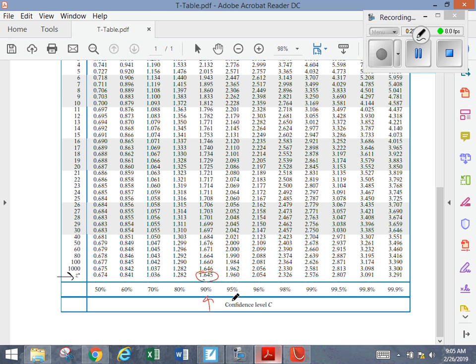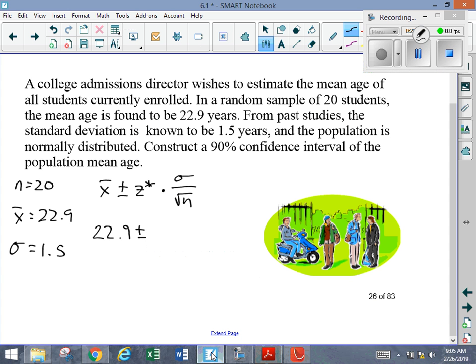So 1.645 is what we need, times the standard deviation that we've been given, 1.5, divided by the square root of n, which is 20.